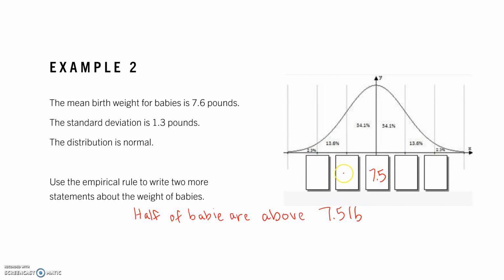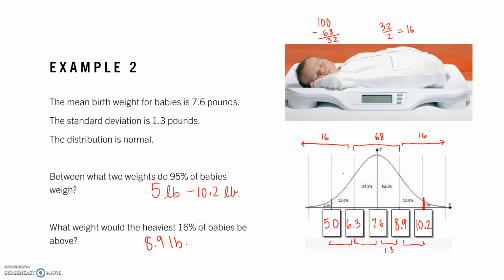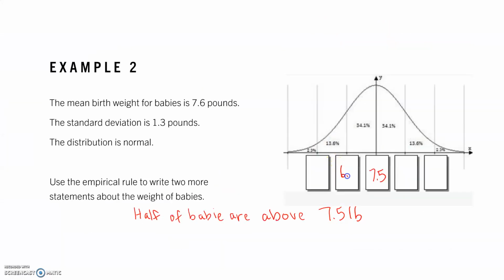And we could also say, this is 6.3, there are lots of different things you could say, but one thing you could say is that the middle 68% are between 6.3 and 8.9.